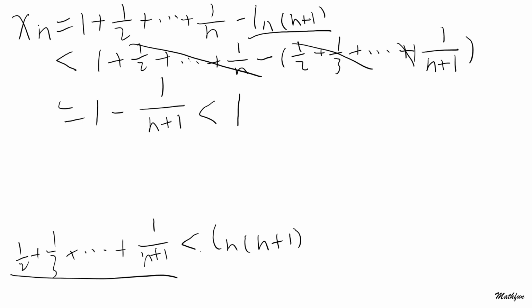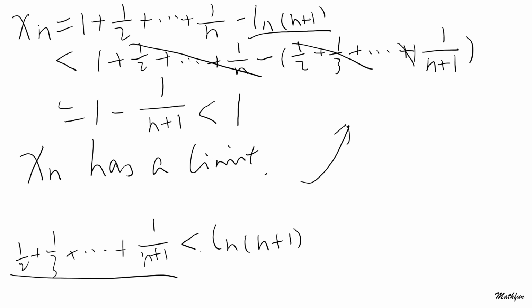At the same time, we also just proved that xn increases monotonically. So that's why xn has a limit. That is, the limit of xn. And we call this limit gamma. Okay, so the limit is gamma.